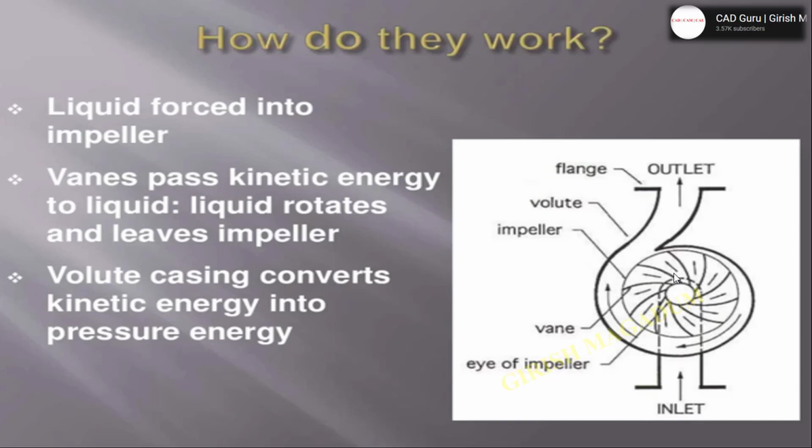The liquid rotates and leaves the impeller. Once the vanes rotate with respect to the impeller and the shaft, the water will be discharged into the volute. As I said, this volute converts the kinetic energy into the pressure energy, due to which the pressure head will be more. Then this is the outlet where you will place the flanges, and then extension pipes.